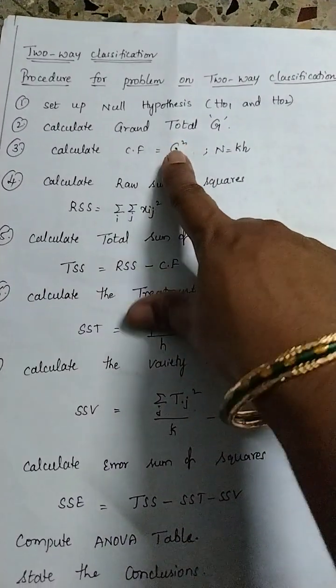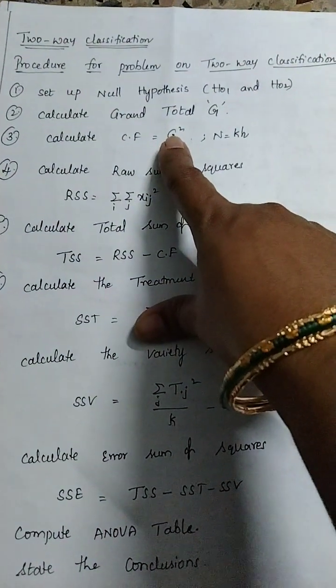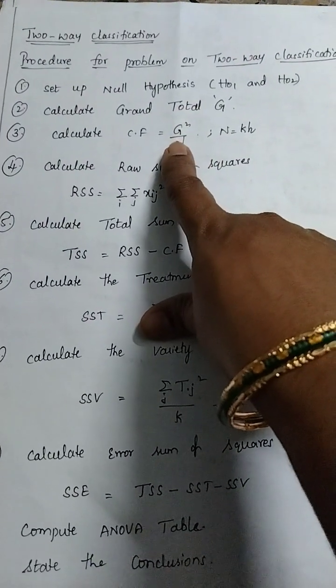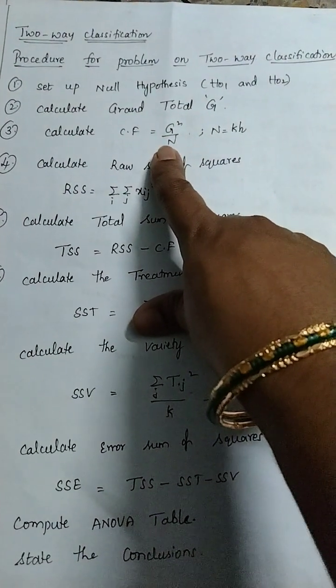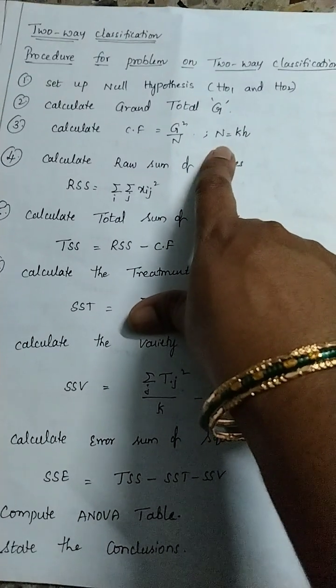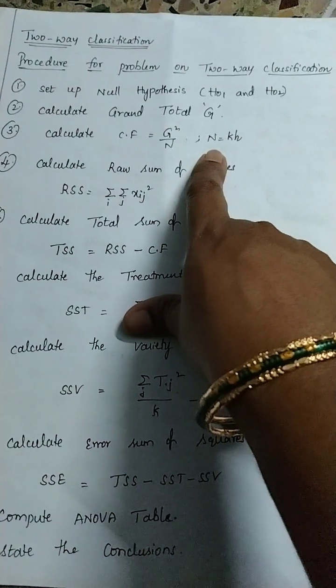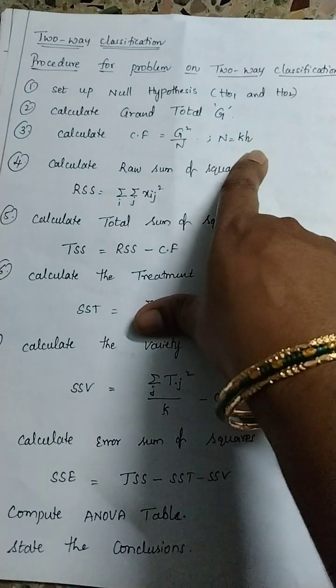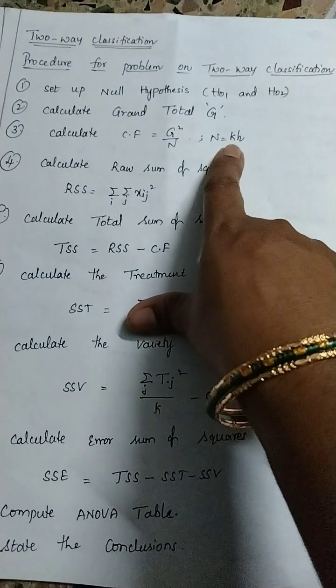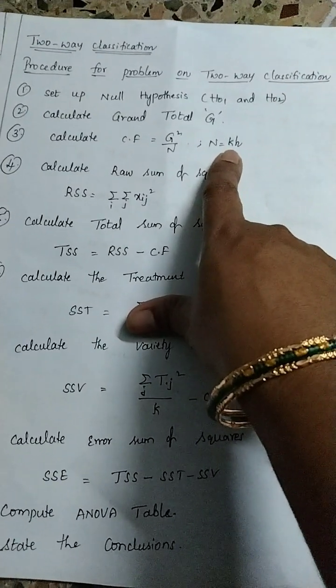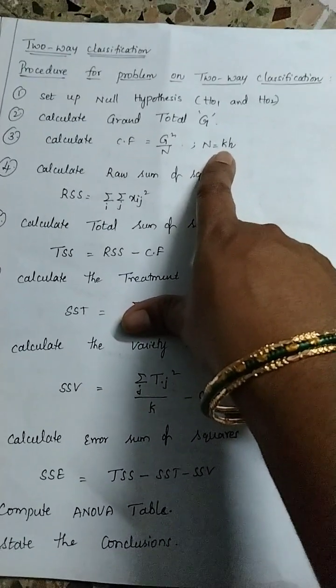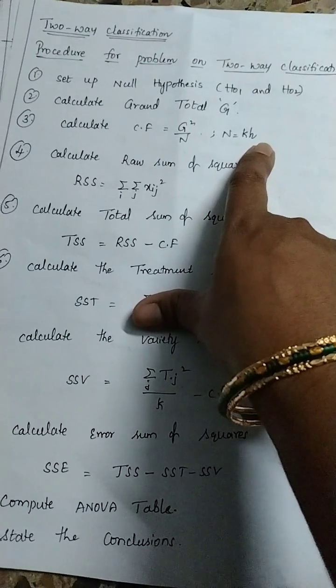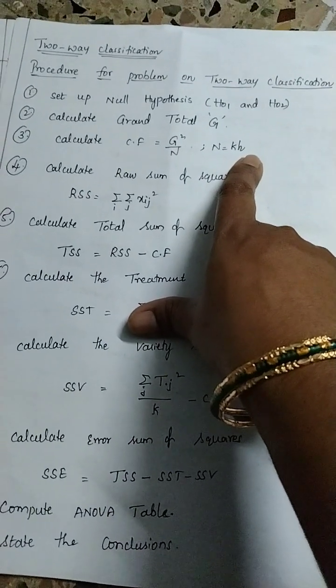The second step is calculating the grand total G. The third step is the correction factor, that is G square by capital N, where N is the number of treatments multiplied by the number of varieties. K is the number of treatments or number of varieties, that is your wish, and H is the number of treatments or number of varieties.